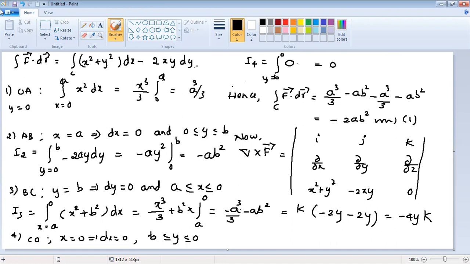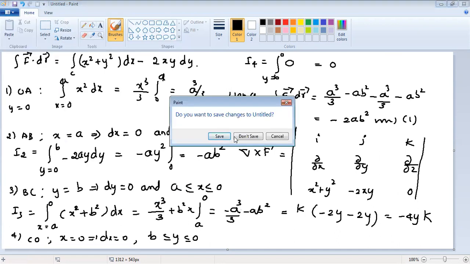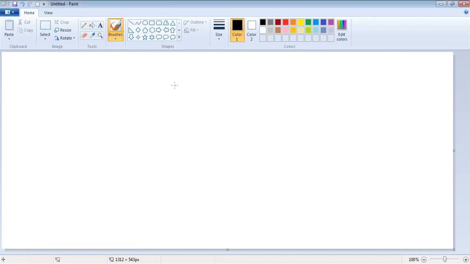Now, we want to find del cross F dot n cap ds.